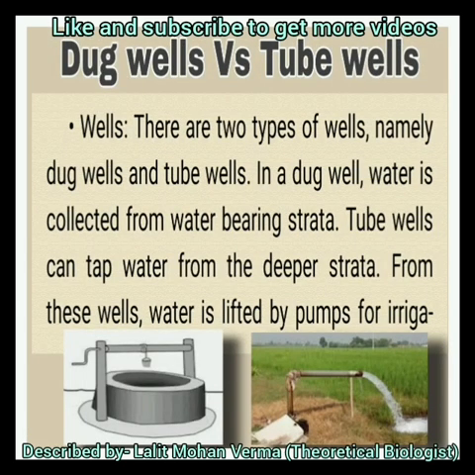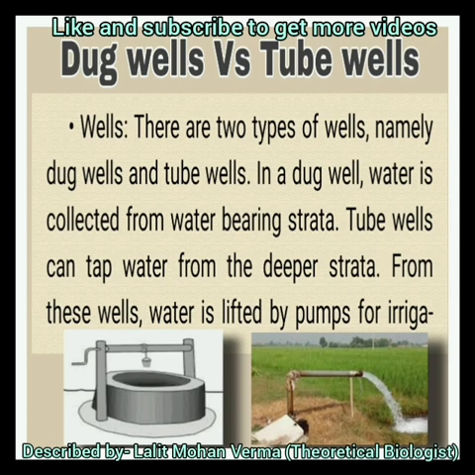First of all, dug wells versus tube wells. The dug wells have their bottom below the groundwater level. The groundwater simply accumulates in the pit. From these pits, the water is lifted by mechanical means, either by using rope and container or bullock operated devices or the pumps.